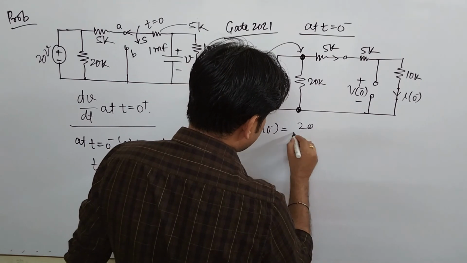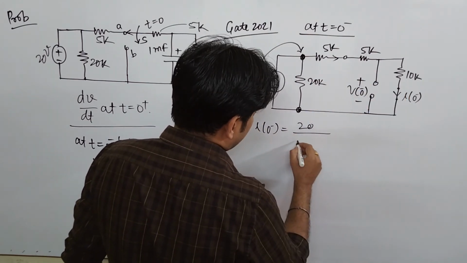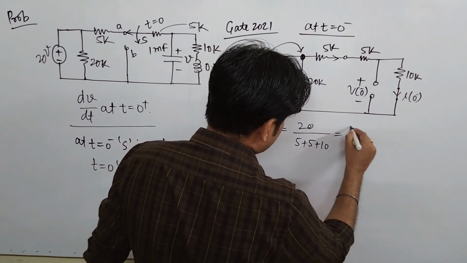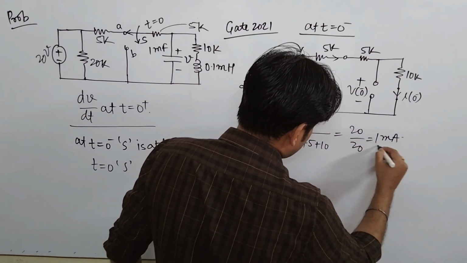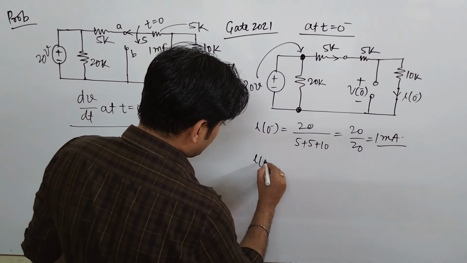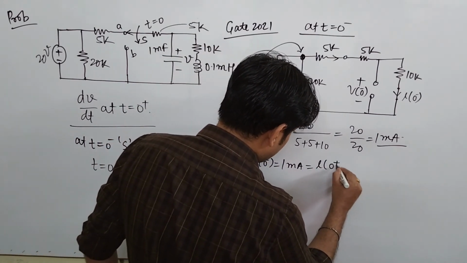So you can say it is 20 upon these resistances. It is 5 plus 5 plus 5 plus 10, so that comes to be 20 divided by 20, which is 1 milliampere. So your I0 negative is 1 milliampere and that is equal to I0 positive.